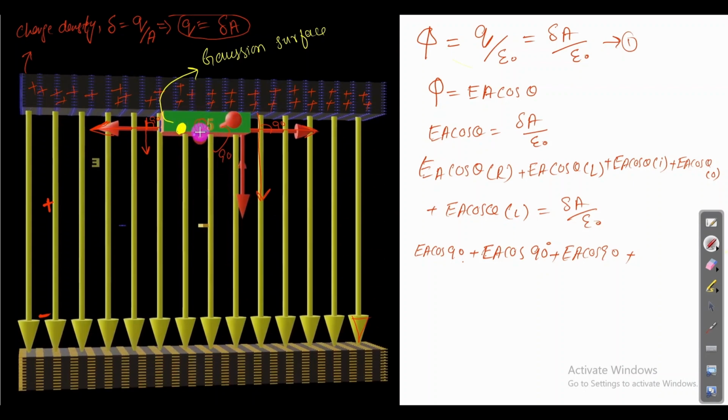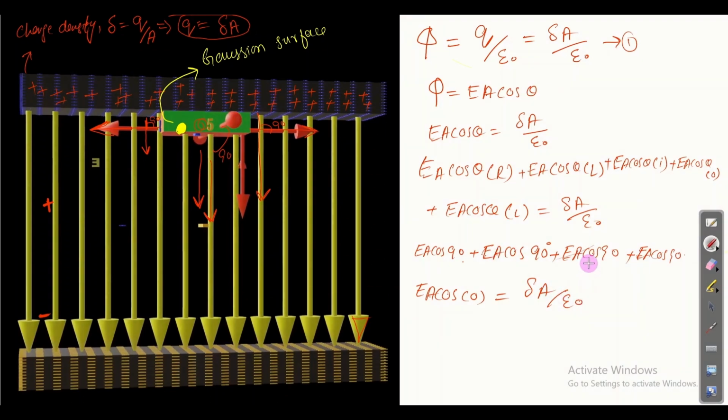There the area direction and the electric field line make an angle of 90, so EA cos 90. Now at the lower side of this box, the direction of the area is toward the lower side, and the direction of the electric field line is also toward the lower side. So here the angle is 0. I can write EA cos 0, which is equal to sigma A divided by permittivity of free space.